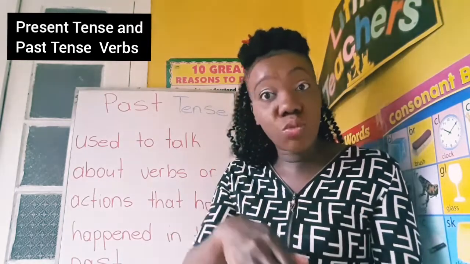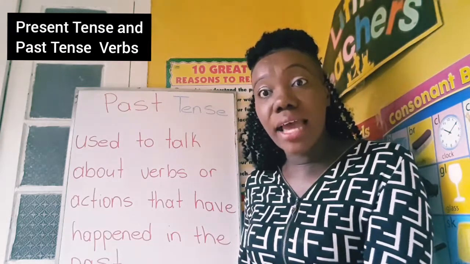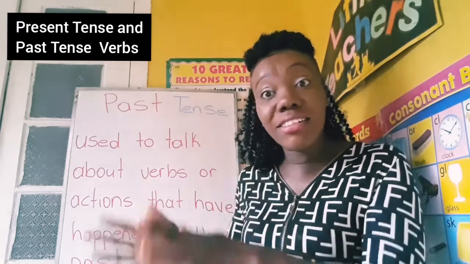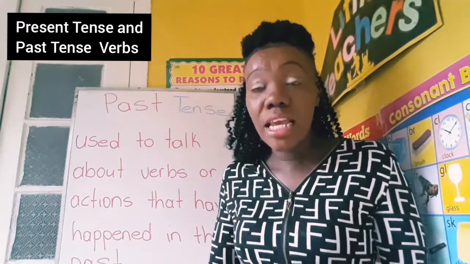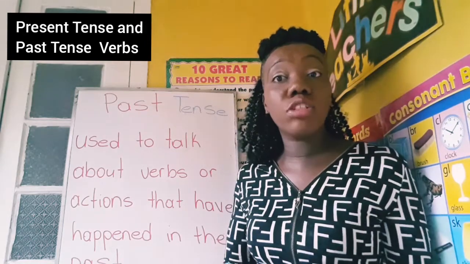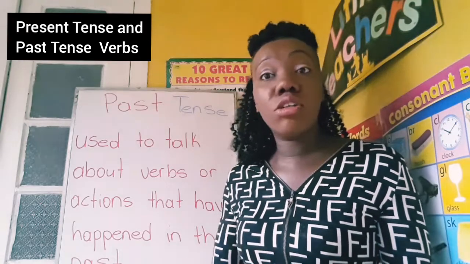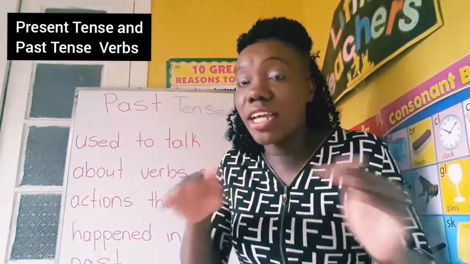They are spelled one way in present tense, and in past tense, when you're writing them, they are spelled a different way. You add certain letters to them, or sometimes you change the word completely. So I'm going to be teaching you how to spell these words, and I'm going to teach you some rules about these words so that you don't get tricked.